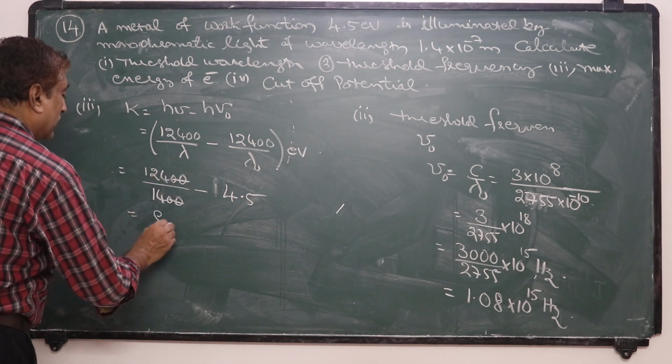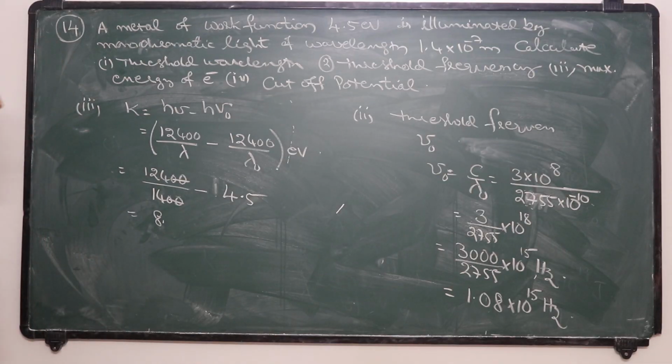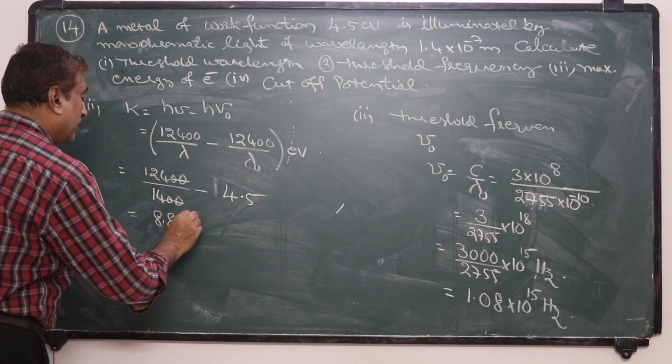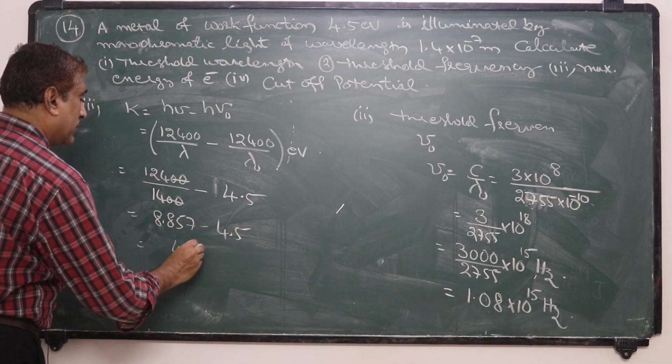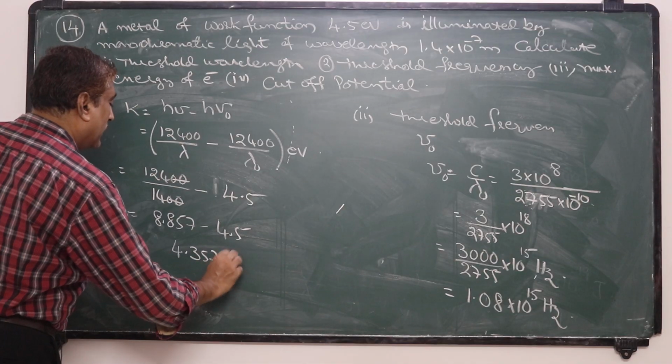This value is approximately 8.857 minus 4.5, that is 4.357 electron volt.